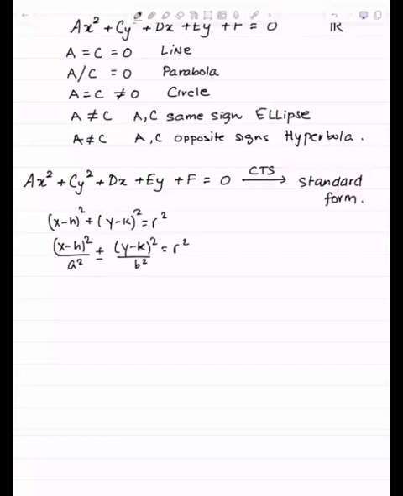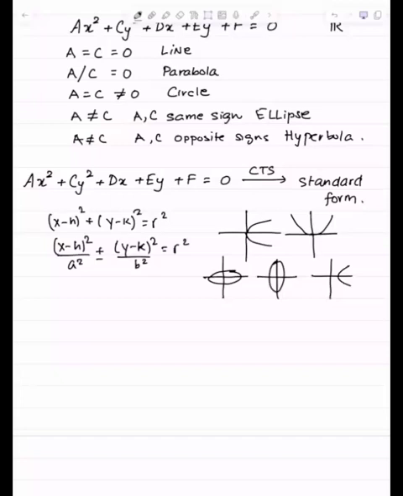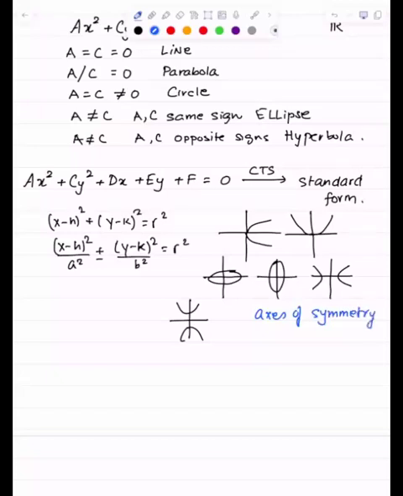Another thing with all of these forms, when we sketch them in this form, if you look at the graphs, whether it's the parabola facing up or sideways, the ellipse sideways or up-down, the hyperbola sideways or up-down, in all of the cases, the axes of symmetry, here is an axis of symmetry, here is an axis of symmetry.